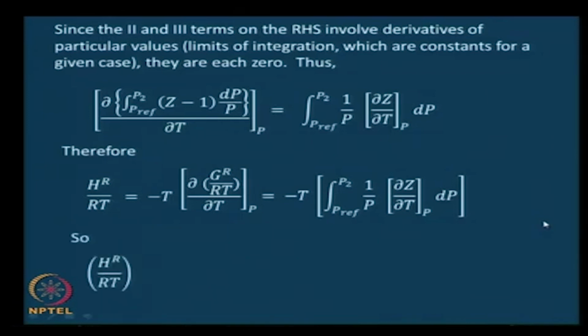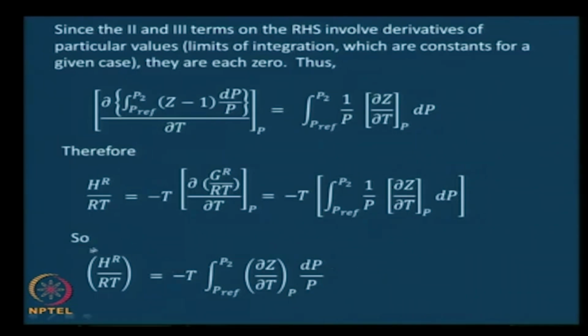Therefore, HR by RT can be evaluated from minus T times the integral from P reference to P2 of ∂Z/∂T at constant P into 1/P dP.